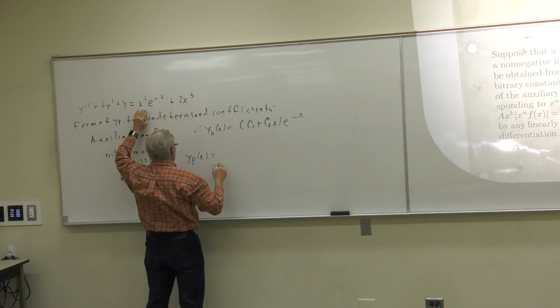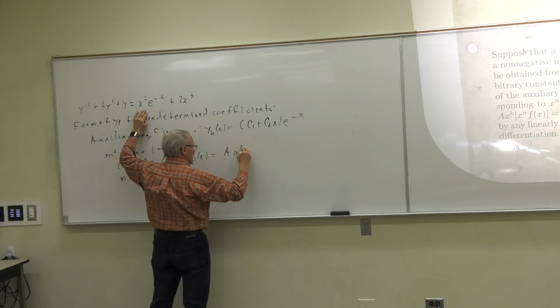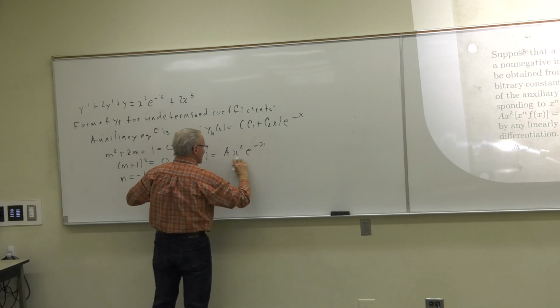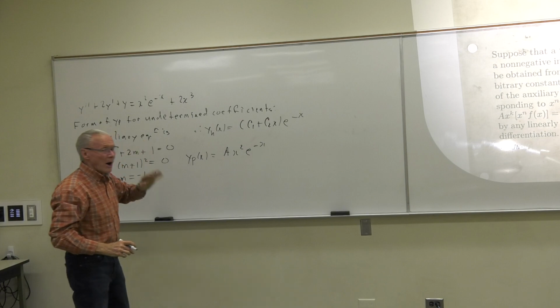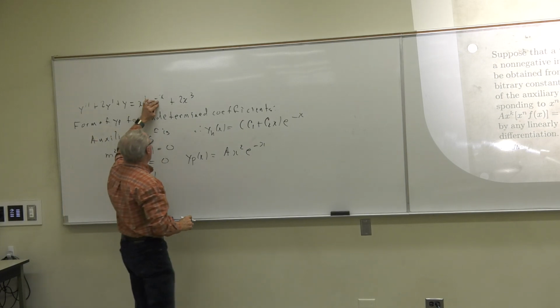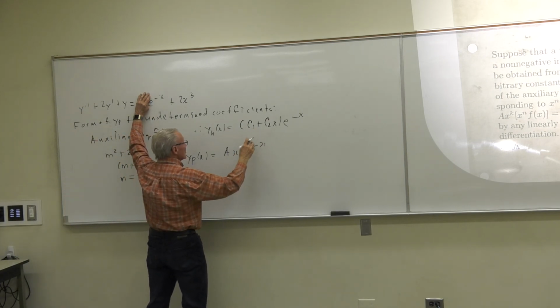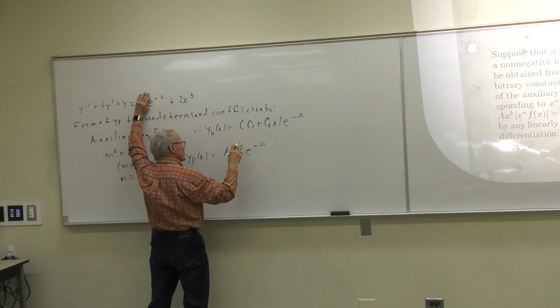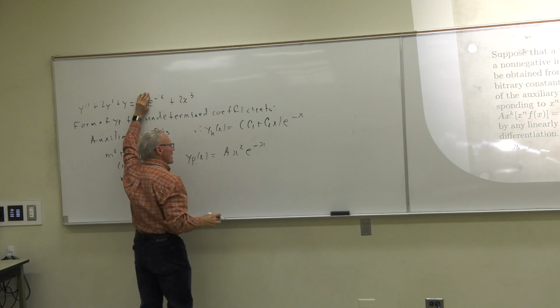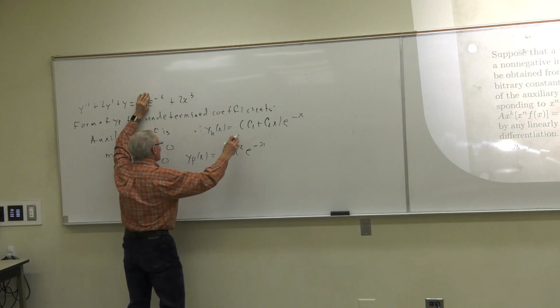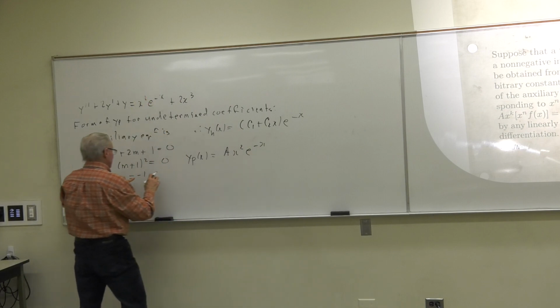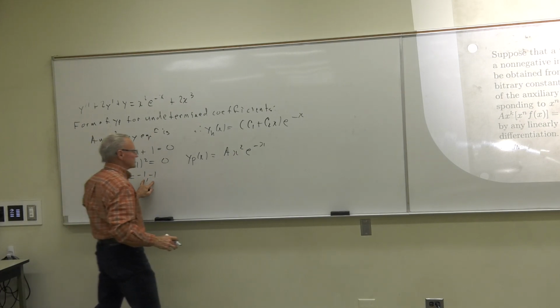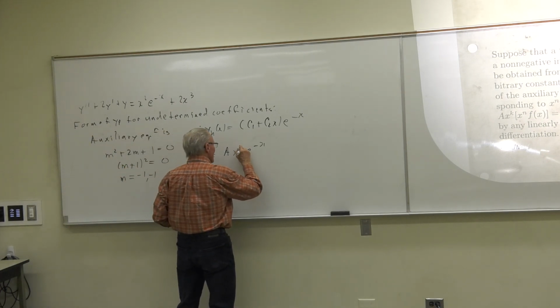Which means that you do not put ax squared e to the negative x. That's what rule 1 would say, but we are in rule 2 because that is in here. Rule 2 says, no, you have to bump that power. How much? Answer, the multiplicity of the root that gave rise to this guy. It came from here, the multiplicity is 2. This now starts with x to the fourth.